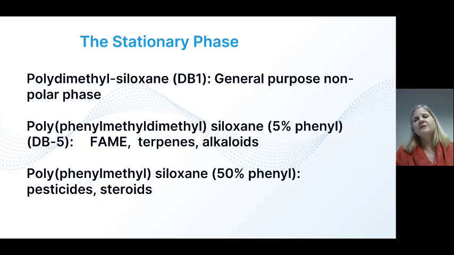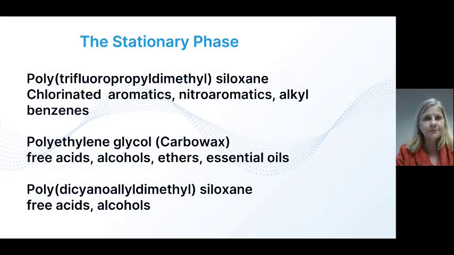column. And for this, you can now start analyzing more polar compounds such as fatty acid methyl esters, terpenes, and alkaloids. And then you can get a 50% phenyl replacement, and that would be for more polar compounds such as pesticides and steroids. You can use a trifluoropropyl.